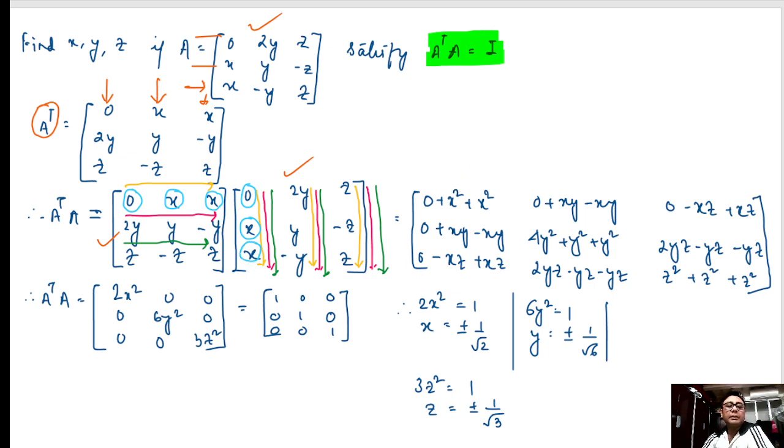Okay, next we will do 0 into 2y plus x into y plus x into minus y, and we will get this. Next we will do 0 into z plus x into minus z plus x into z, and we will get this. Clear?